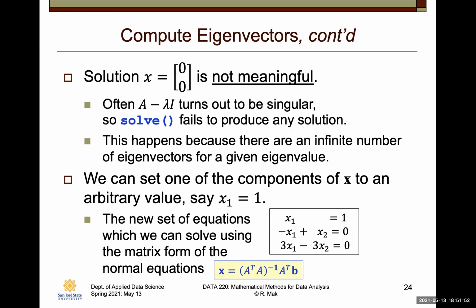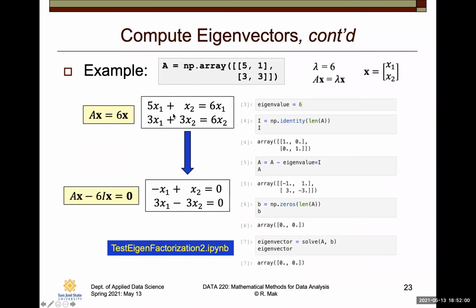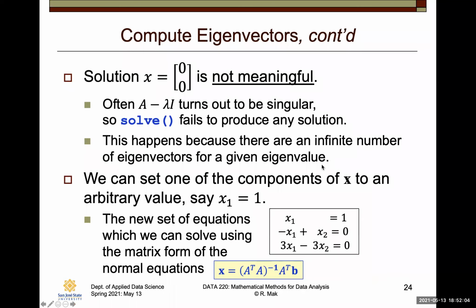And why is that? Quite often A minus the eigenvalue times I, which is the operation that we had to do here, can be singular. It turns out to be singular because, remember, I said that there are an infinite number of eigenvectors for a given eigenvalue, and so solve cannot handle that.